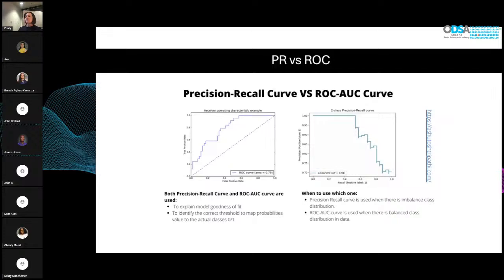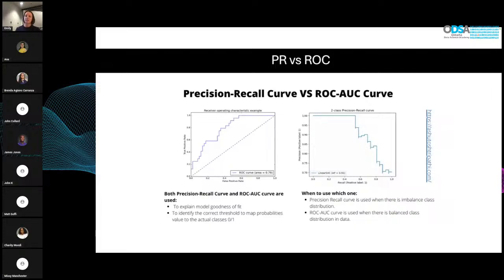When you might want to use a precision recall curve over a ROC curve is when you have class imbalance. If you have class imbalance, the precision recall curve is going to represent that just a little better. And the ROC AUC is better when there's a balanced class distribution of the data.